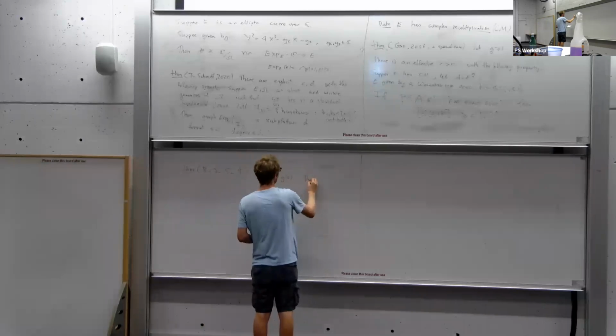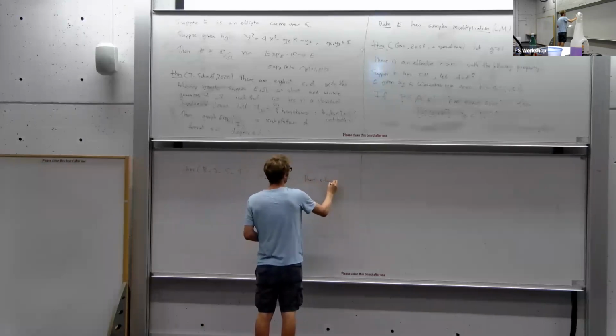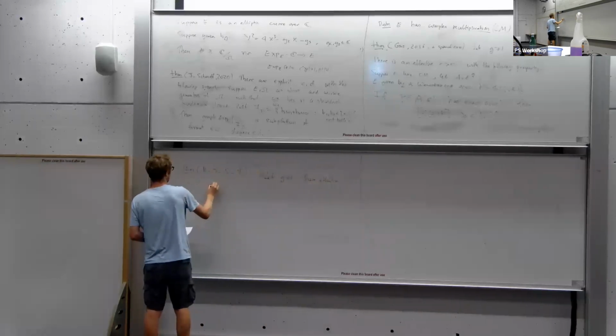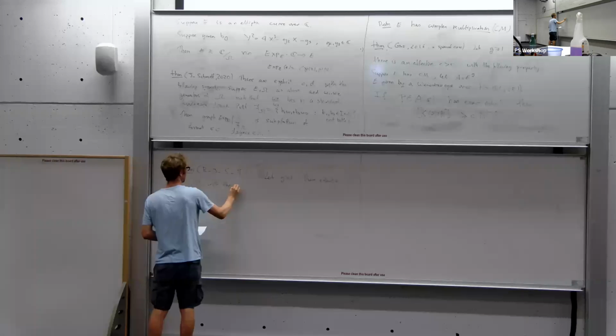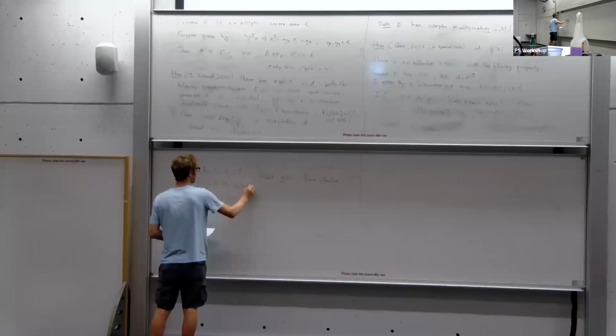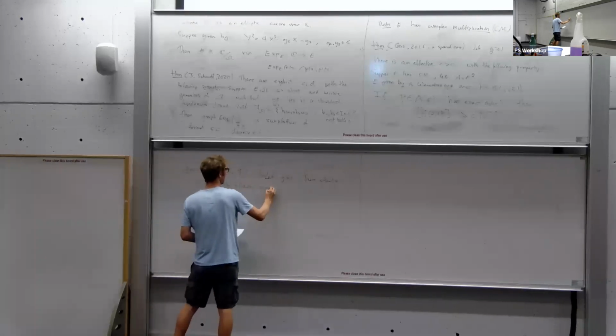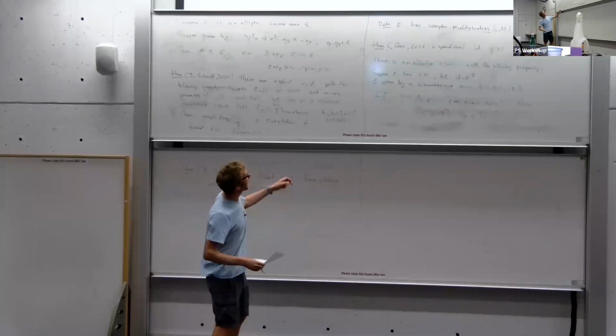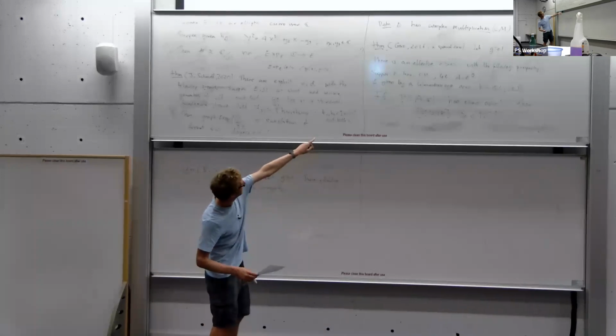There are effective C and M with the following property. Suppose I have E, A, and K having a Weierstrass equation.